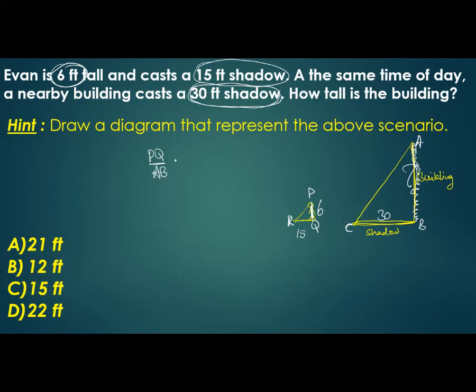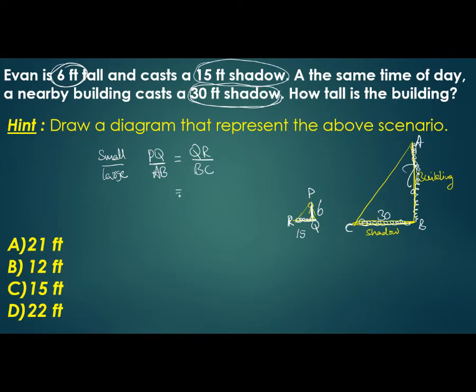So I'm taking the sides of the small triangle in the numerator and the sides of the large triangle in the denominator. Again, the small triangle's horizontal side QR over the horizontal side of the large triangle, which is BC.